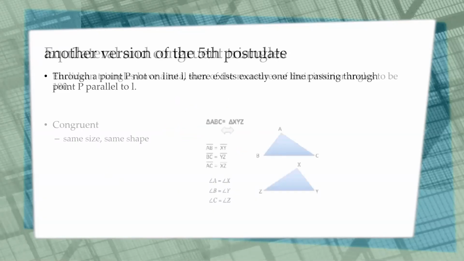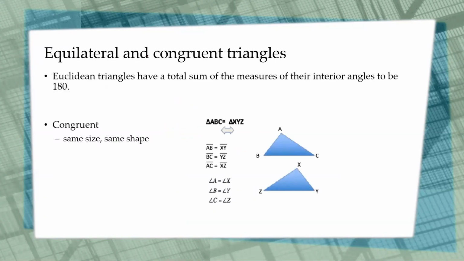And of course, from that set of postulates, we can now prove some statements about shapes. Okay? So Euclidean triangles have a total sum of the measures to be 180. Yan, 180 yan.